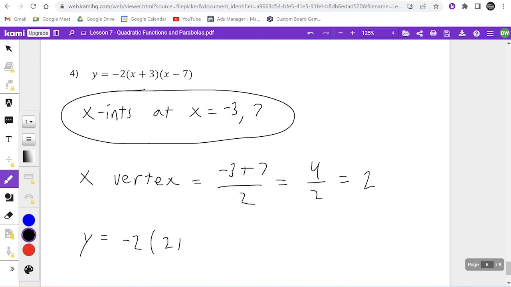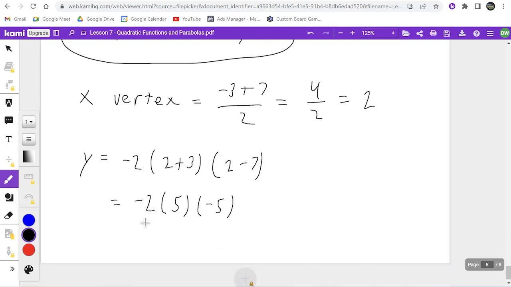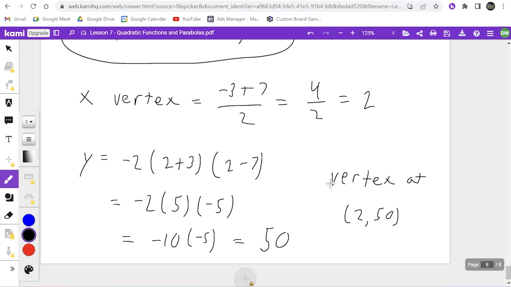Negative 2 times 2 plus 3 times 2 minus 7. And that's going to be negative 2 times 5 times negative 5. Negative 2 times 5 is negative 10 times negative 5. That's going to be positive 50. So in other words, the vertex is going to be at 2 comma 50.